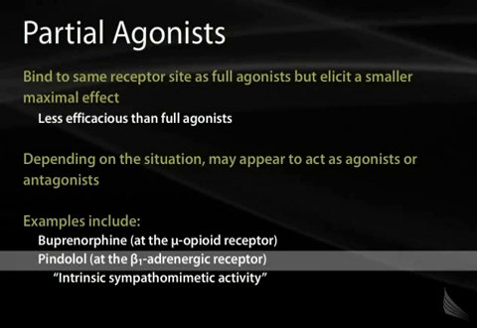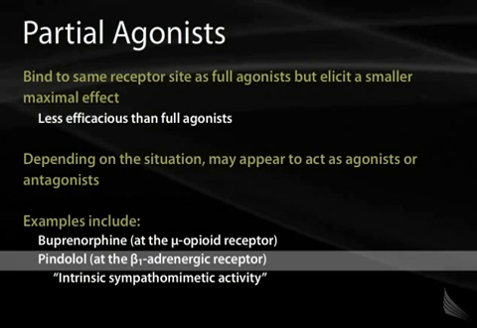What I mean by the situation is that for a given receptor R, if there's a lot of agonist A around that can all bind to the receptor, then if you add a partial agonist here, and it's getting in the way of the agonist binding the receptor, this partial agonist may actually appear to be an antagonist, because its effect at receptor R is lower than the agonist's.